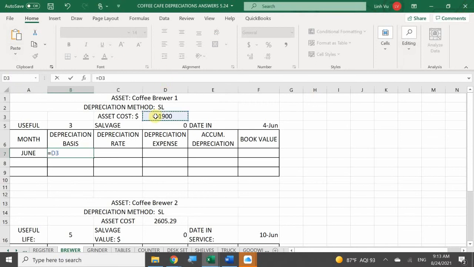Straight line? Okay, not the method, the basis. How do you solve for the depreciation basis? The 1,900? Yeah, divide that by the salvage value, which is 0. So it still stays at 1,900. Okay, good.